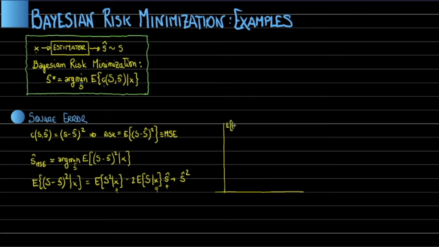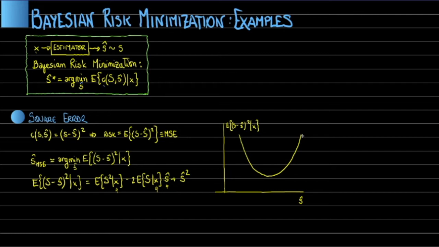The expected value of S minus S hat to the square given x as a function of S hat is a quadratic function.